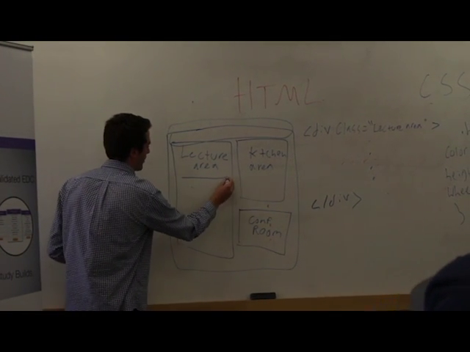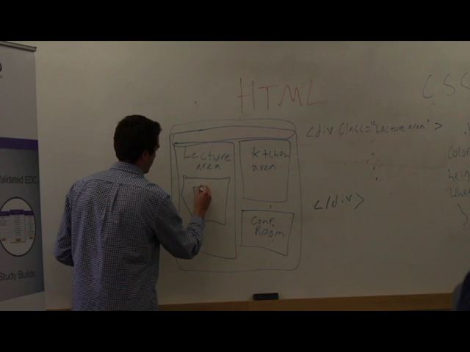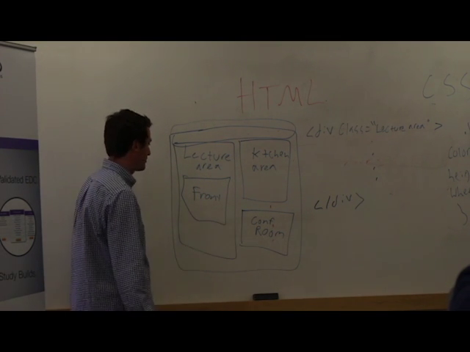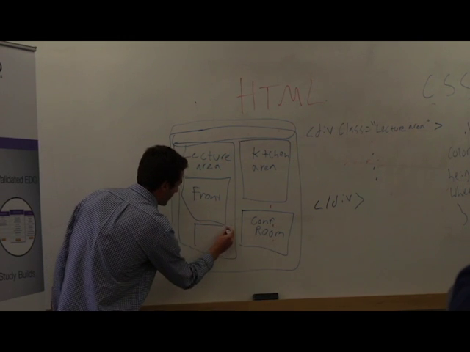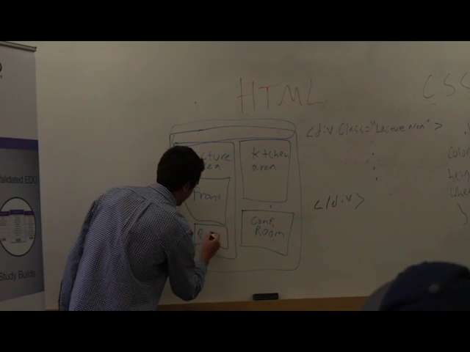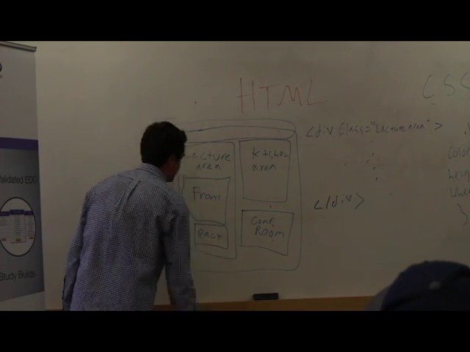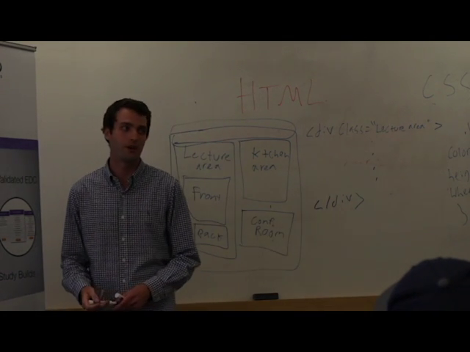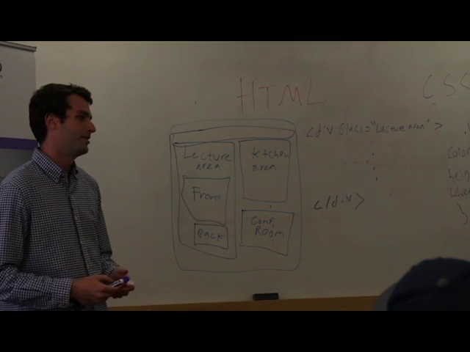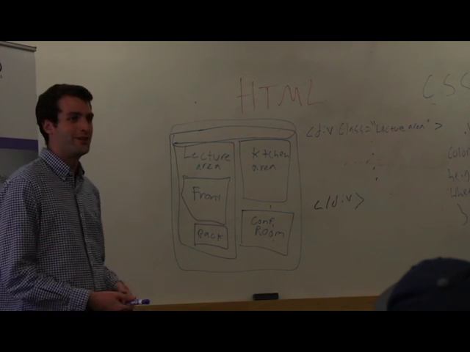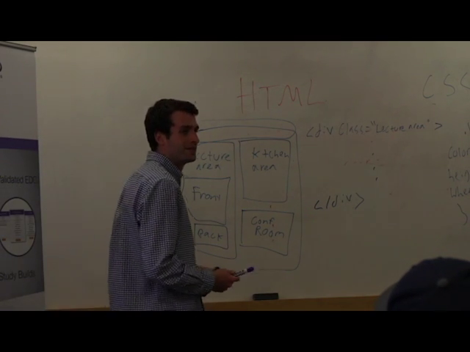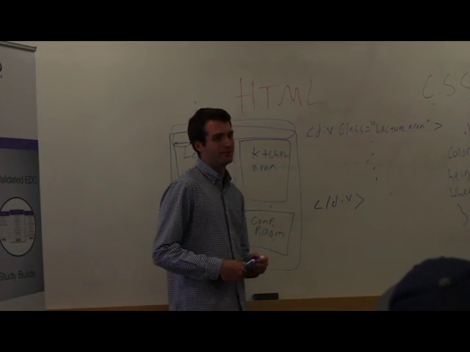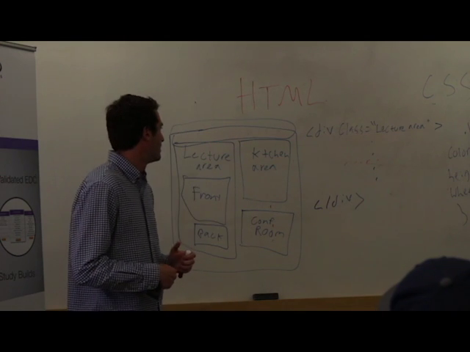Let's say in this lecture area, we want the chairs in the front to have a certain style, and the chairs in the back to have a certain style within the lecture area. When might we do that? They're divs. Where? Inside. Inside, exactly. Nested divs inside.